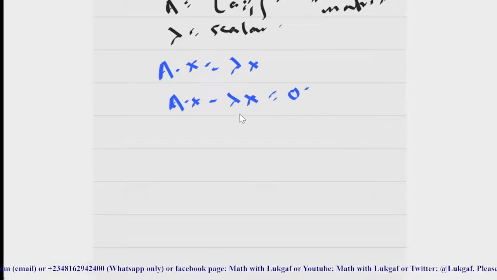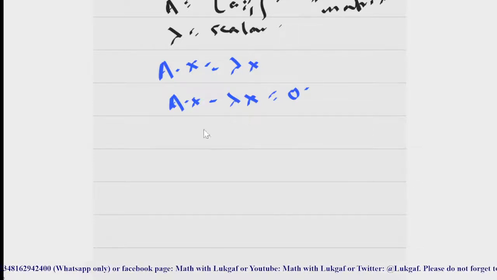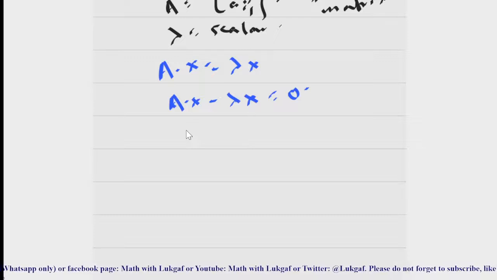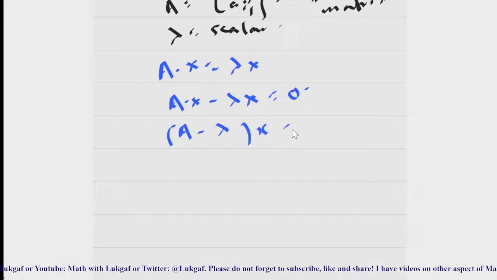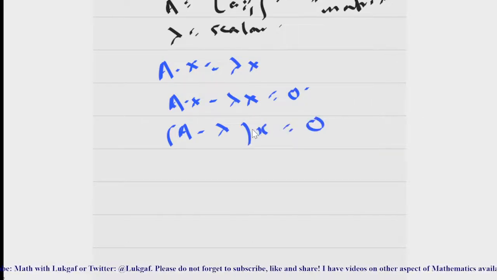You understand now? You see that you have x in common. So if you take it out, then I'm going to have A minus lambda, x, is equal to 0. But since you are dealing with matrices, this lambda, which is a scalar, you should not leave it that way.